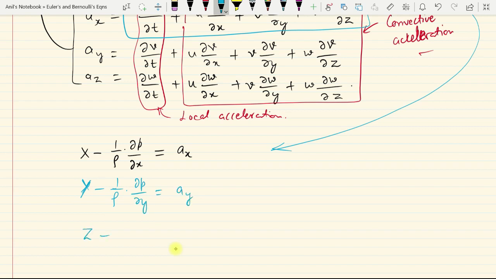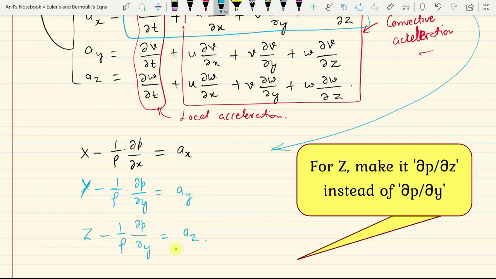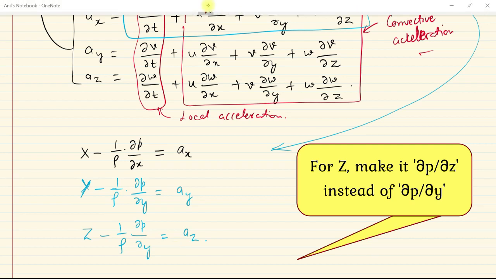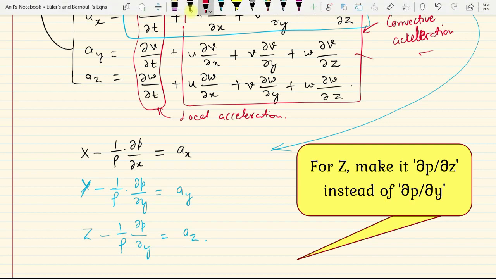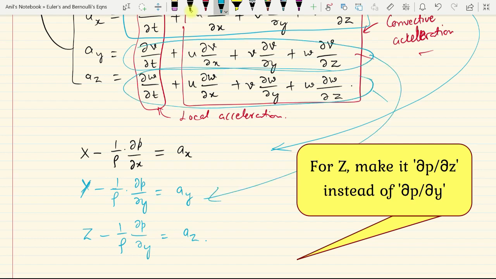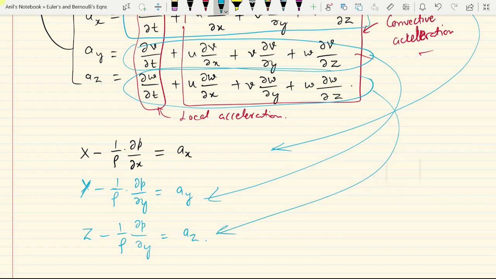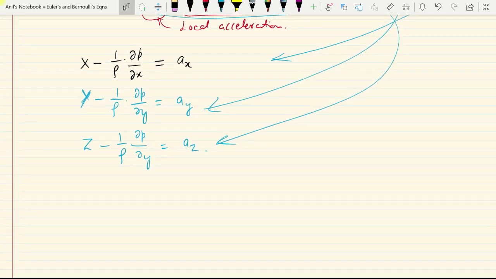And lastly, we will have Z minus 1 by rho del p by del z equal to az. So we will have these individual expressions right here, and the last expression of az will come here. So that's all. So we have finished with Euler's equation.